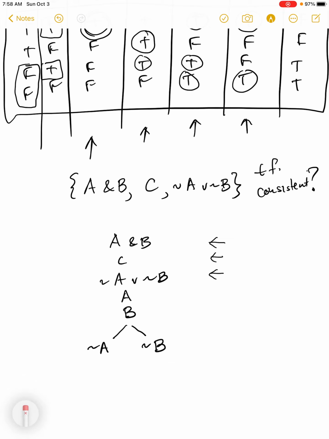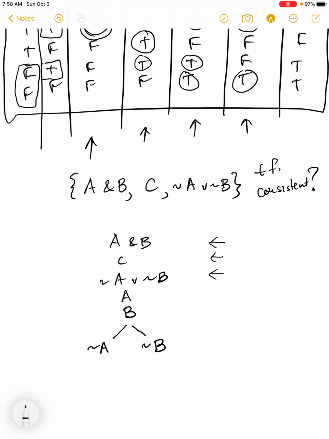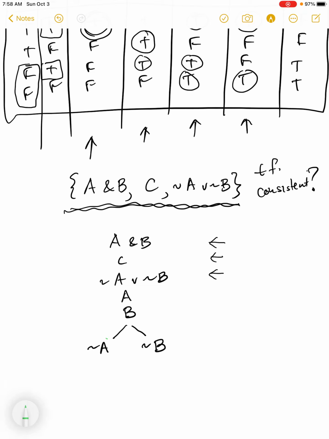And now I'm going to look up the branches of these trees, because what we've got is the various ways in which a truth value assignment could make these three sentences true, if there were one that made all of them true. So on the left-hand branch, one possibility is that a truth value assignment makes not A true, that is A false, and it makes B true.